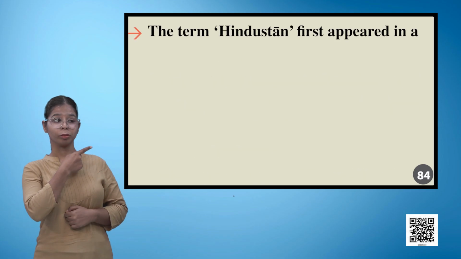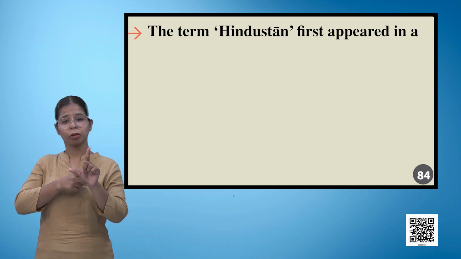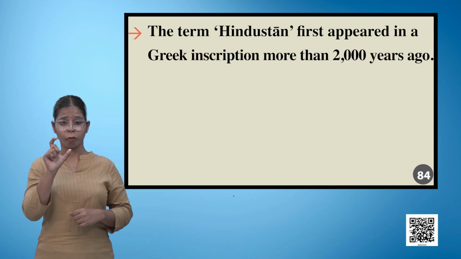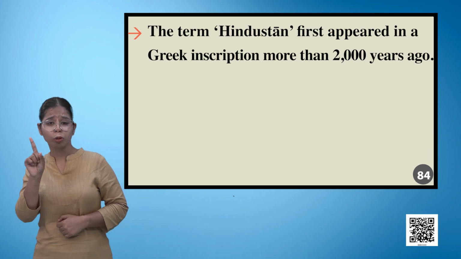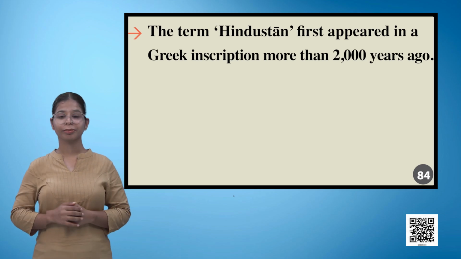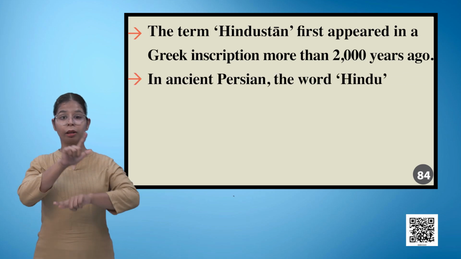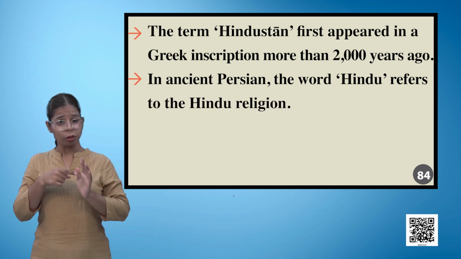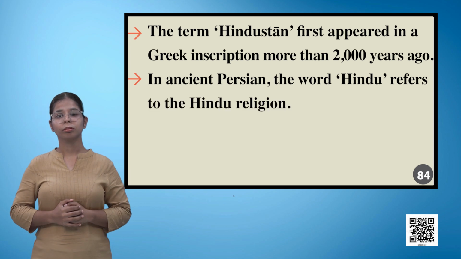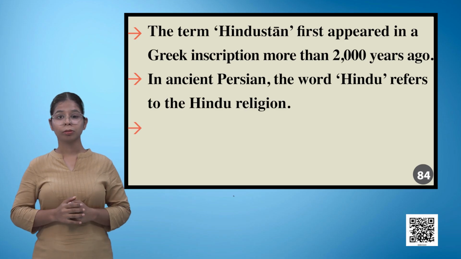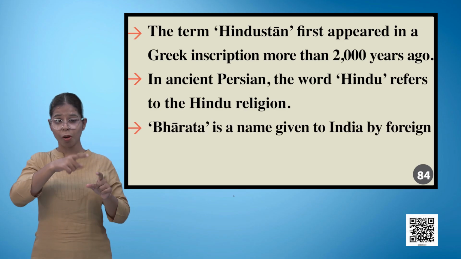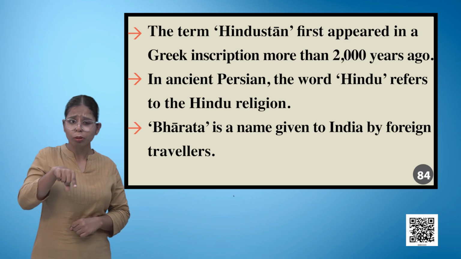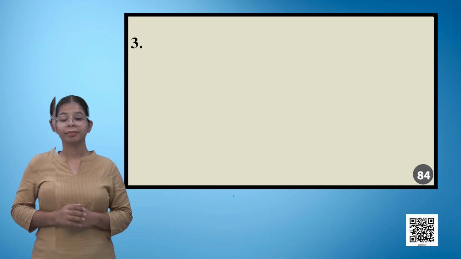The term Hindustan first appeared in a Greek inscription more than 2000 years ago. In ancient Persian, the word Hindu refers to the Hindu religion. Bharat is a name given to India by foreign travelers. 3.